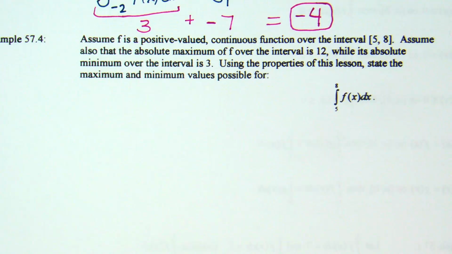It's positive, which means it's above the x-axis. And it's in the interval 5 to 8. Assume also that the absolute maximum of f over that interval is 12. So the highest point that function goes is 12 in the interval. And its absolute minimum over the interval is 3. Using the properties of this lesson, state the maximum and minimum values possible.